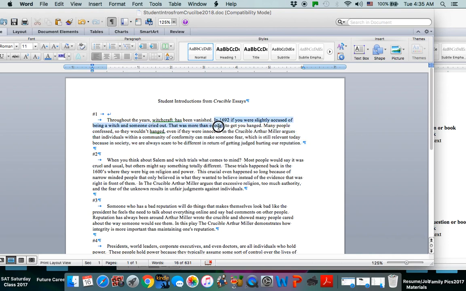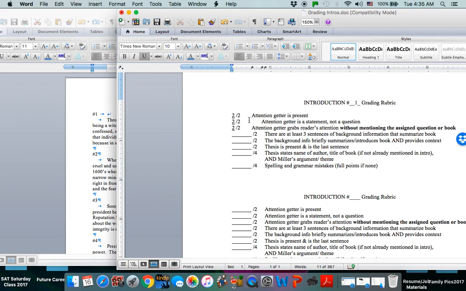I've got 1: in 1692, if you were slightly accused of being a witch and someone cried out, even though that's not really a complete sentence. There's 1. That was more than enough to get you hanged. There's 2. Many people confess, so they wouldn't be hanged, even if they were innocent. That's 3. So yeah, they have 3 sentences.